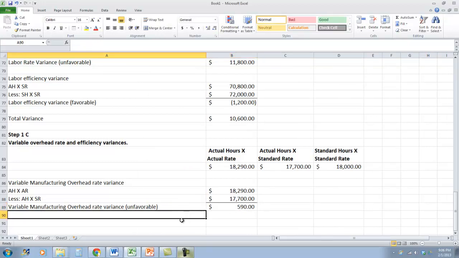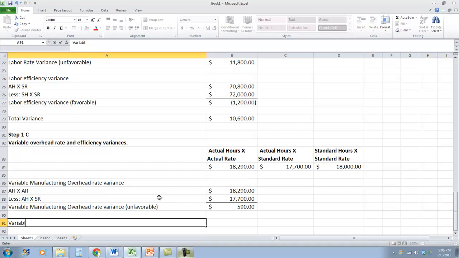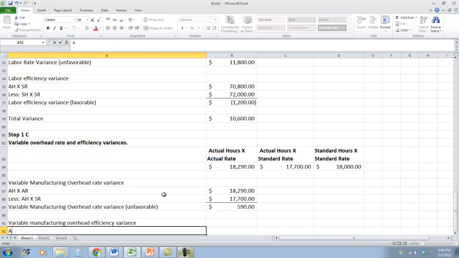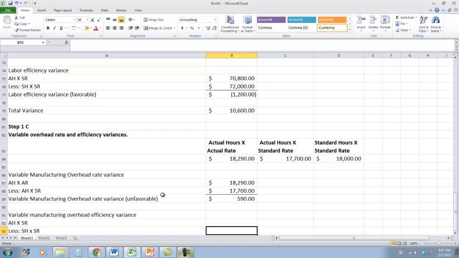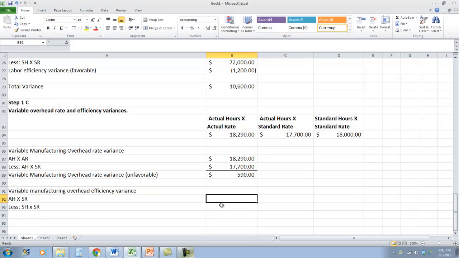Alright. Then we need to calculate variable manufacturing overhead efficiency variance. The way we do that, we take actual hours times standard rate less standard hours times standard rate.